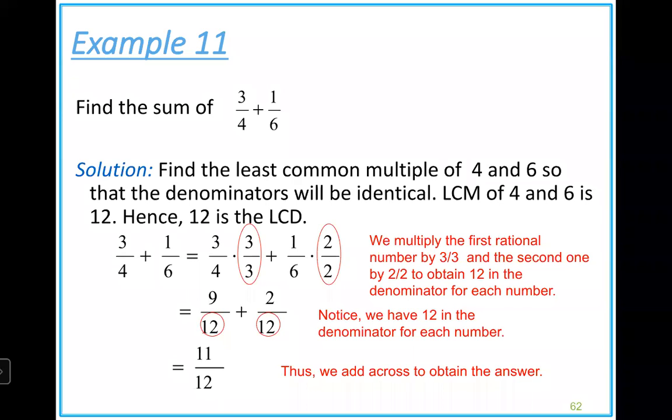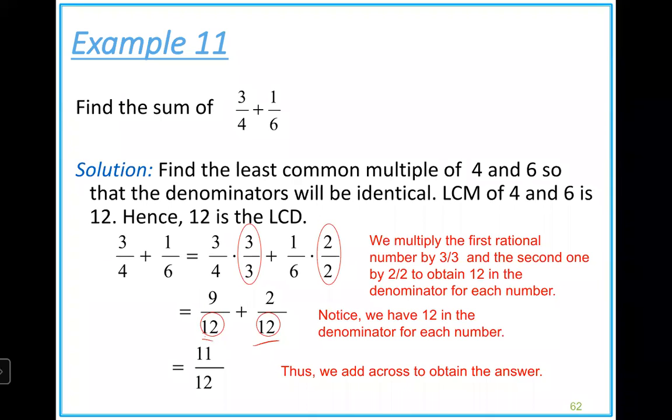Okay. Of course, you should be able to use your calculators too to do this. If you have a scientific calculator, you can use the fraction key and do your additions. But if you don't have the scientific calculator and you want to do it manually, you have to find a common denominator. So in this case, the common denominator is 12.